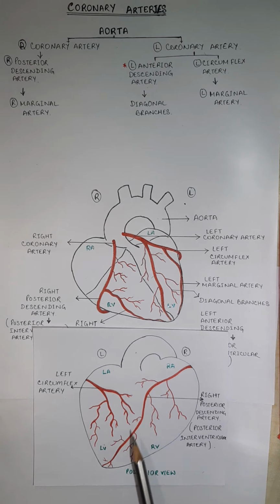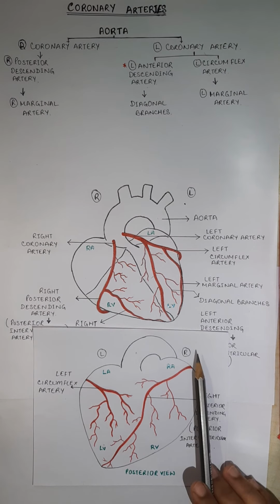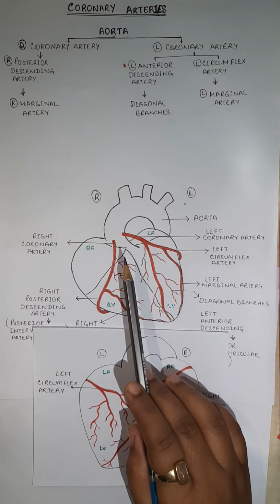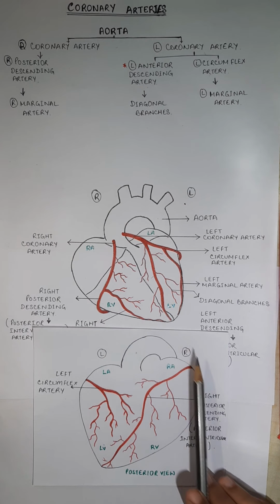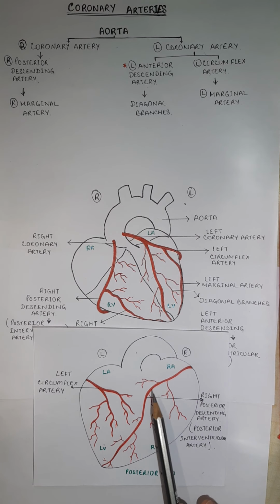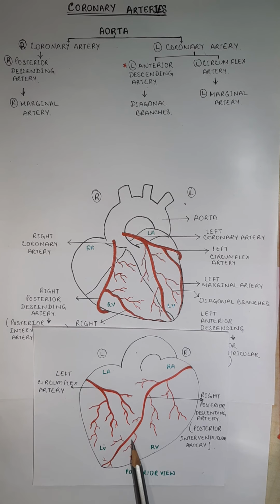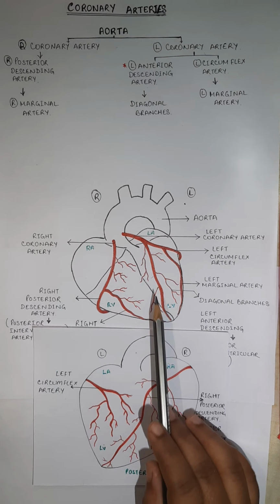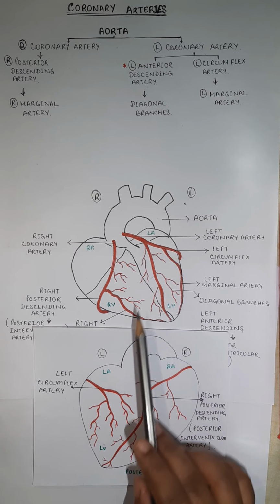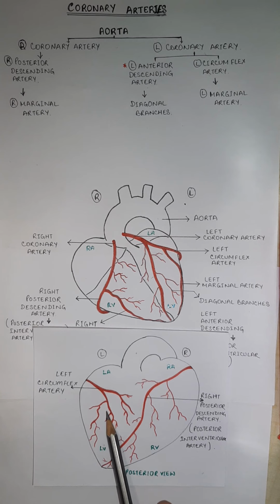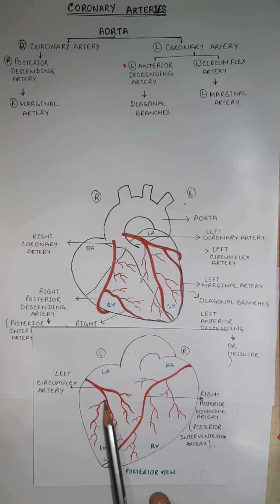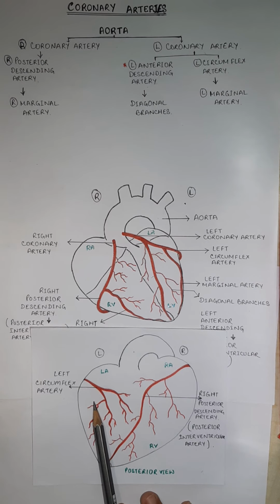Now coming to the posterior view, again from the right side, in the continuation, this is the posterior descending artery, which comes down and supplies both the ventricles, so it is also named the posterior interventricular artery. Again, the left one is the continuation of the circumflex artery. It comes here and supplies the posterior side of the left heart musculature.